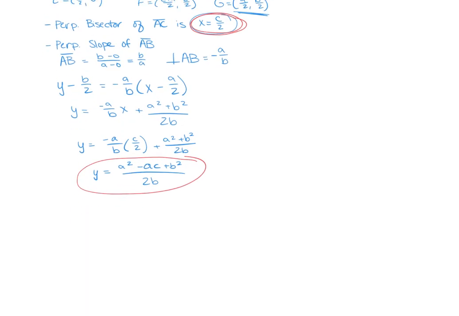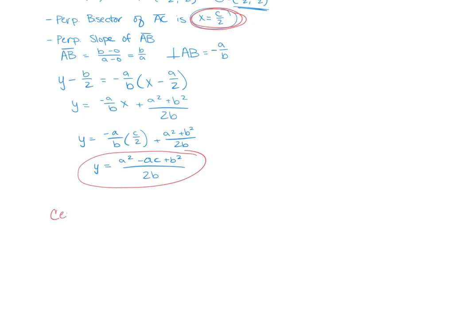So my center of my fountain is at coordinates c over 2 and a squared minus ac plus b squared all over 2b.